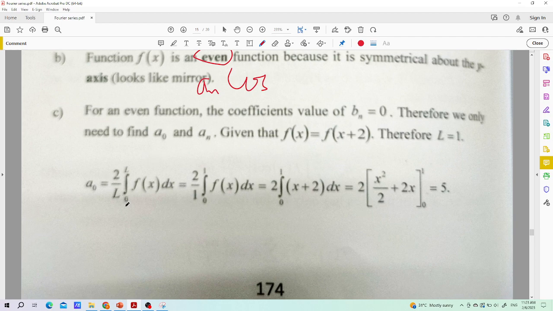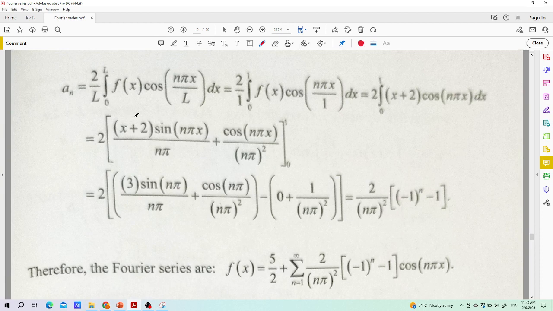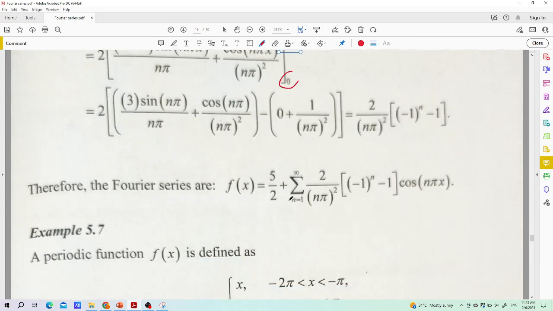We put 2 instead, and we integrate from 0 to L. That is the main idea of this formula. And then as usual, we integrate first, put in the limits, the range of our function, and then we simplify to get the Fourier coefficient.